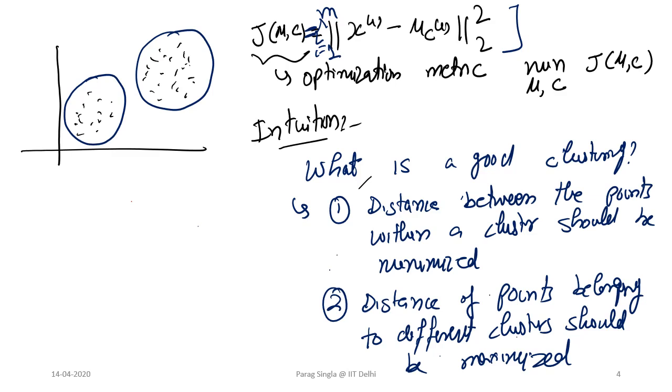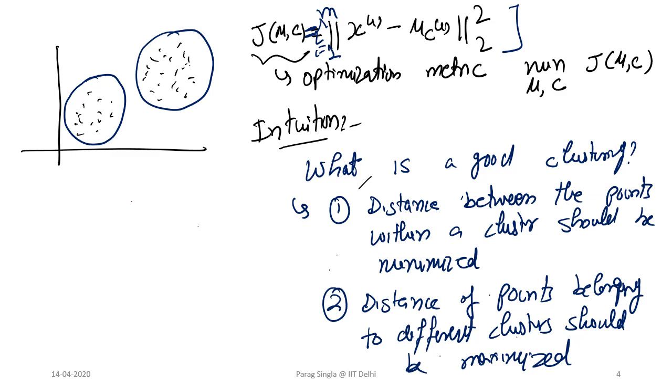That is, the points within a cluster should be close to each other, which is explicitly enforced by this metric. But by virtue of doing this for every point in the space, that they should be close to the respective cluster representatives, we will also be able to achieve that the points in different clusters are far apart. And I'd encourage you to think more about that intuition.